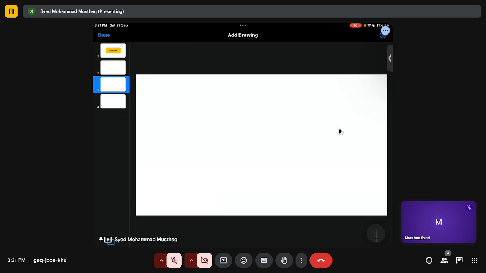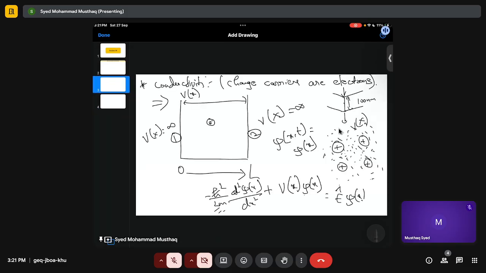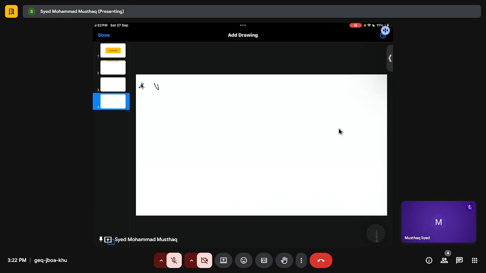Now, let's consider another assumption: our potential energy well is 0 from 0 to L. And what about these guys? Let's define this.